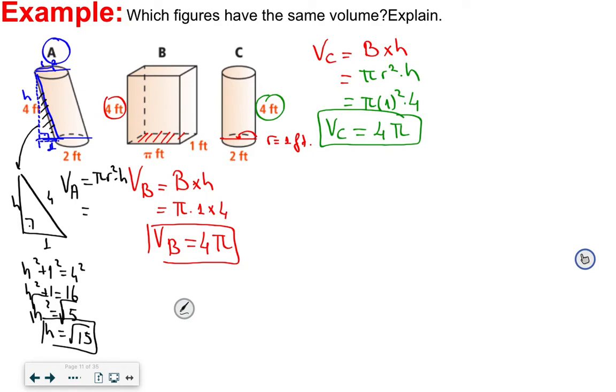We know that radius is 1, so pi times radius 1 squared times radical 15, because height is radical 15, not 4. This is important. So the answer is going to be radical 15 pi. So which figures have the same volume? Figure B and figure C have the same volume.